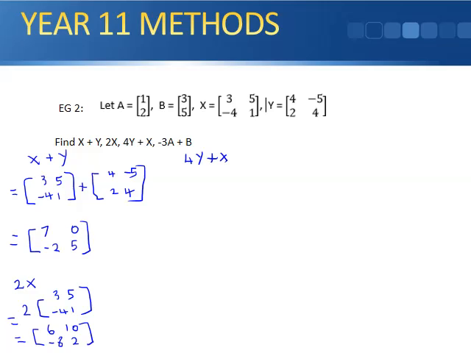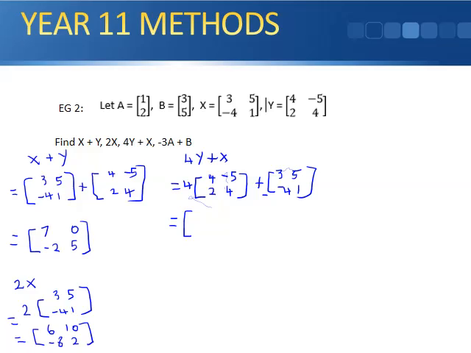plus the X. So this is doing 2 things at once. So make sure you set it up. So 4, the Y is 4, 2, -5, and 4. The X is 3, 5, -4, and 1. Make sure you do this one first.